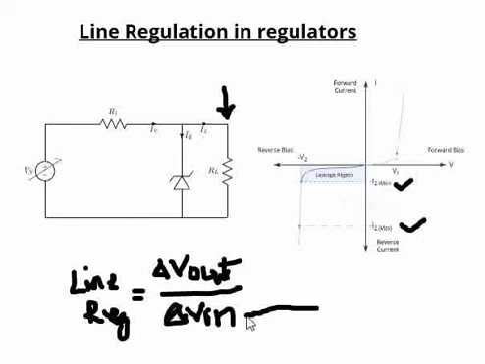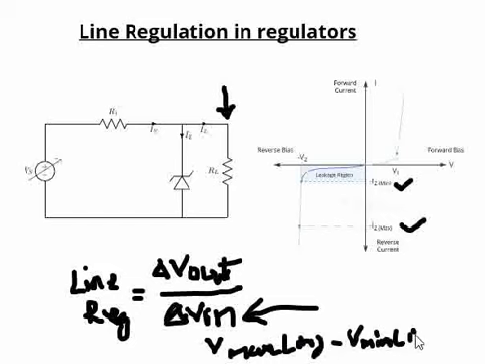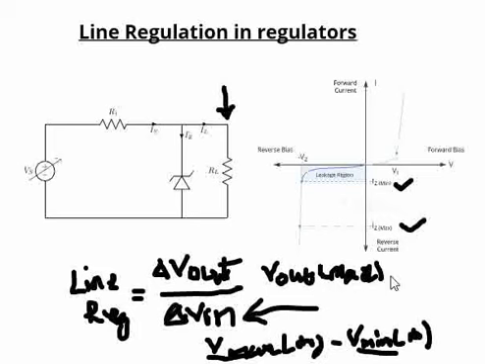Even though you vary V in over a wide range, that means the difference between V in max minus V in min is at the denominator, and the variation of output voltage, V out max minus V out min, is the numerator. This is how we calculate the line regulation.